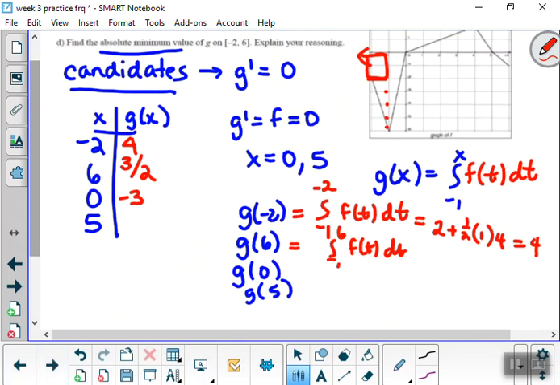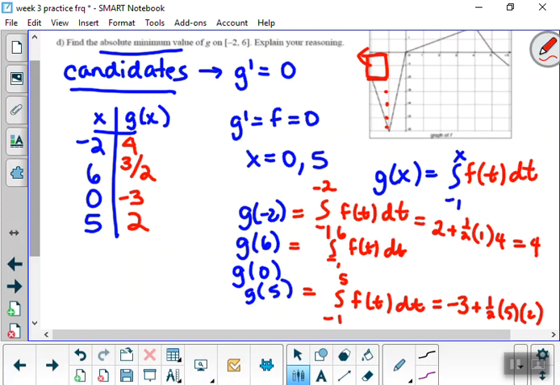So the only one left is G of 5. That's going to be my integral from -1 to 5 of f of t dt. And so that's the -3 for that guy, and then 1, 2, 3, 4, 5. 1/2, 5, 2. That's going to be 2.